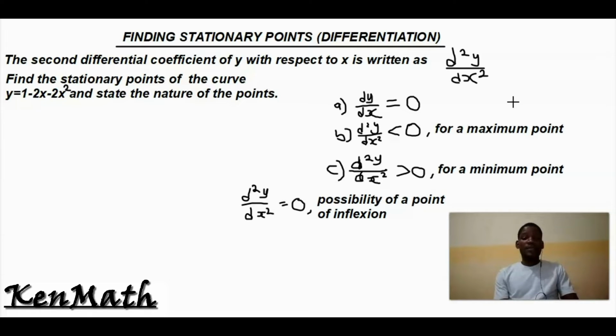For a stationary point, dy over dx is equal to 0. These are the 4 points. If the second differentiation coefficient is less than 0, then those points are maximum points.